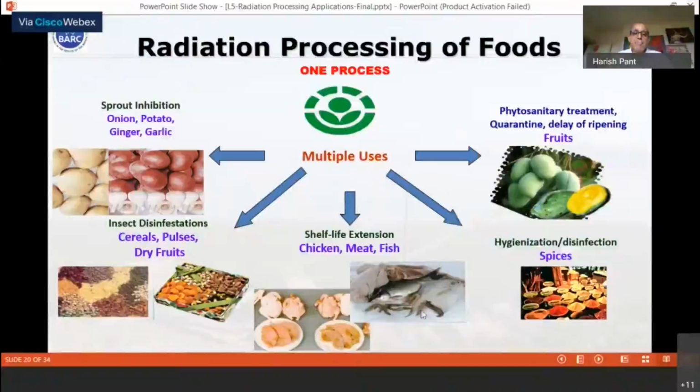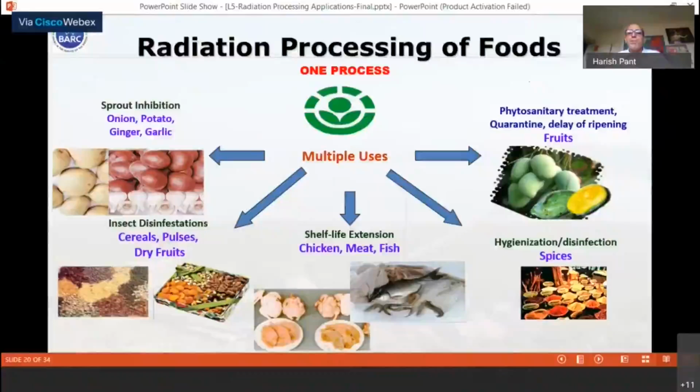Then these are the meat products. Radiation is used to extend their shelf life. Then there are spices for hygienization or disinfestation. Then phytosanitary treatment of mangoes.